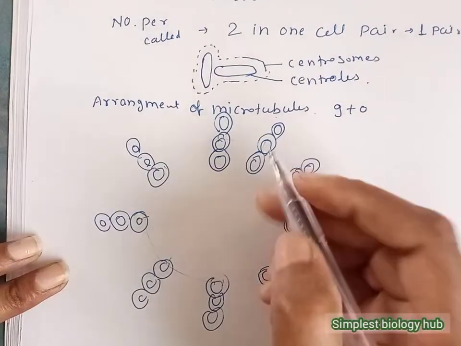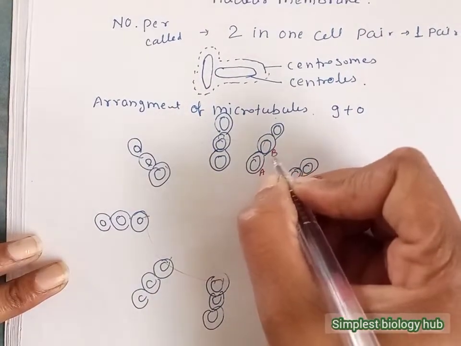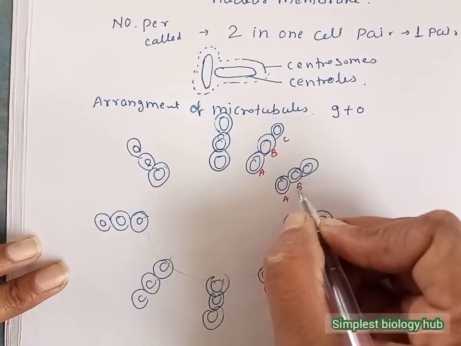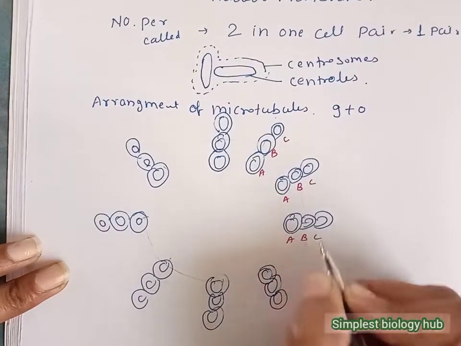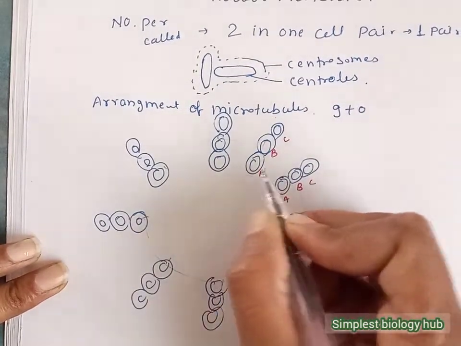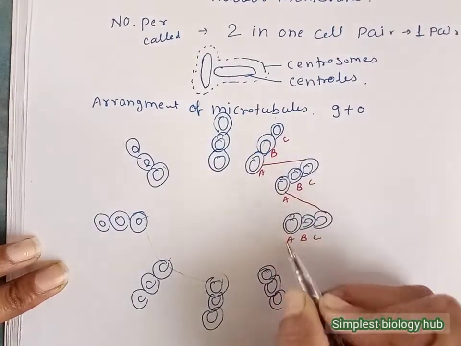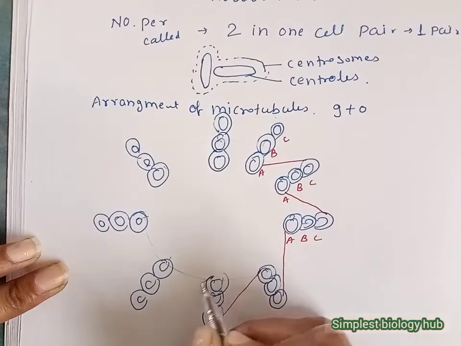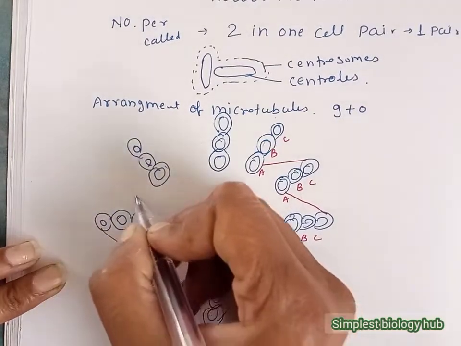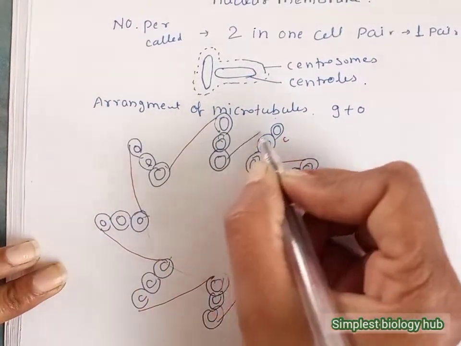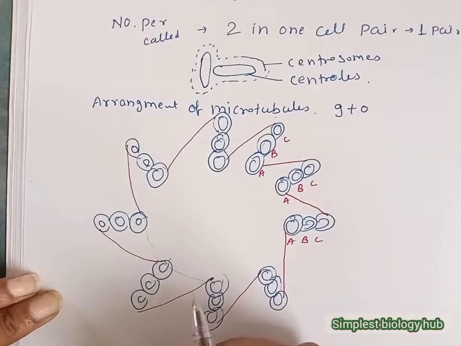These are the triplets we name A, B and C. These are the triplets of microtubules, and always the A is bound with the C in all the pattern. In this pattern, A microtubular part joined with the C1, and it forms a spike-like structure.